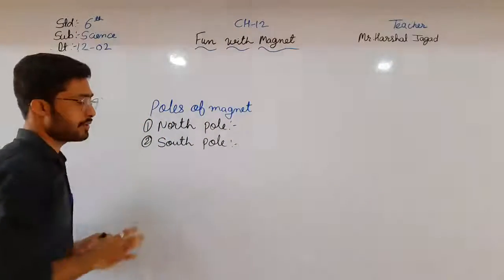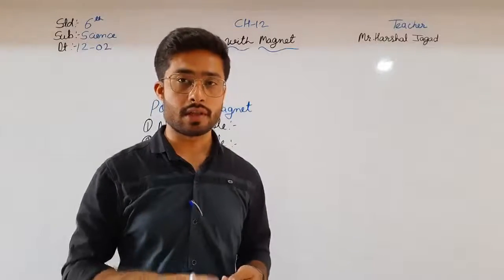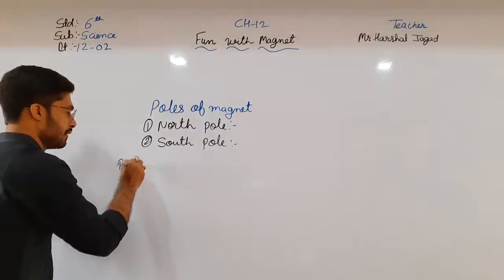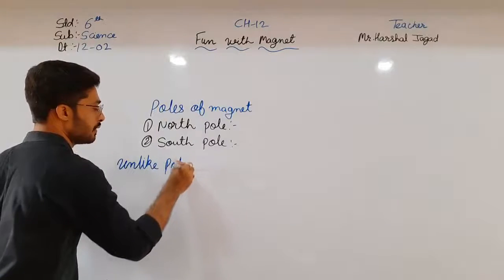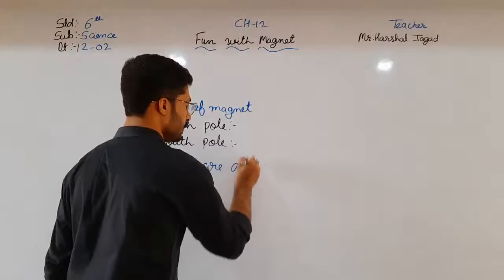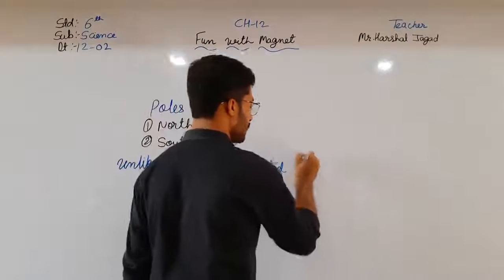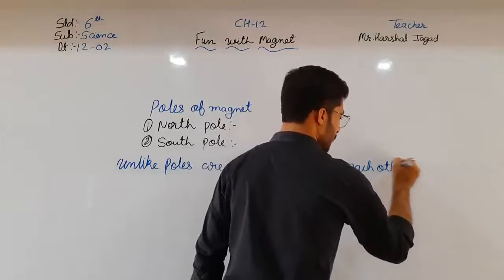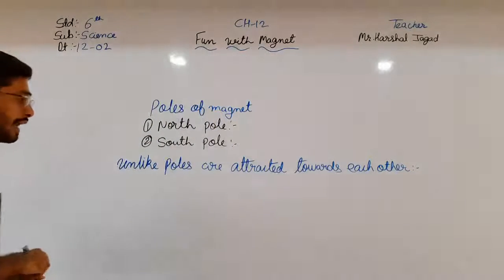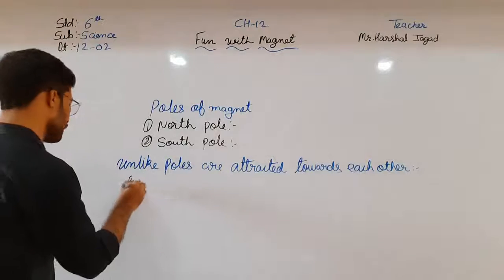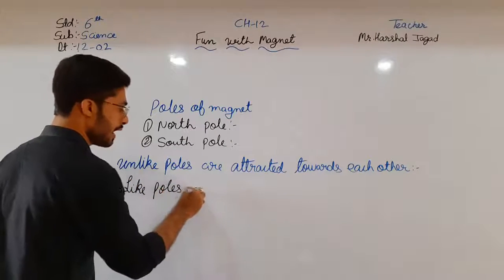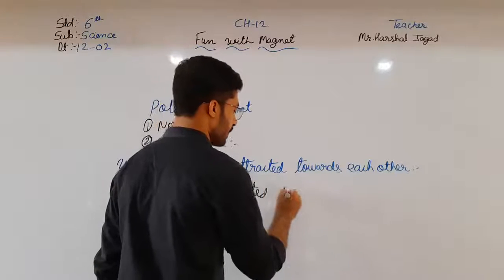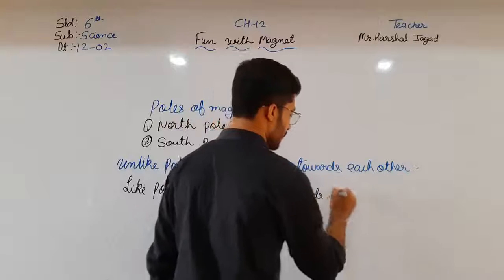In that, we saw attraction and repulsion. Magnets attract towards each other when unlike poles are attracted towards each other, and like poles are repelled towards each other.